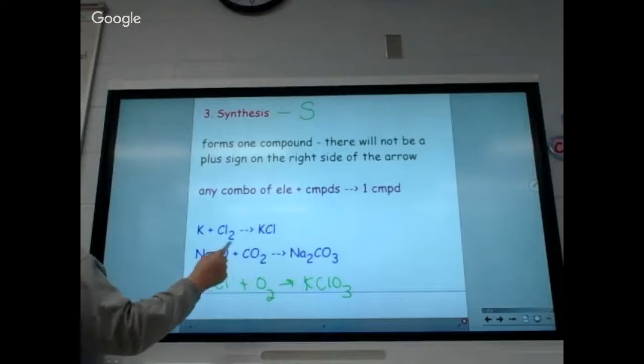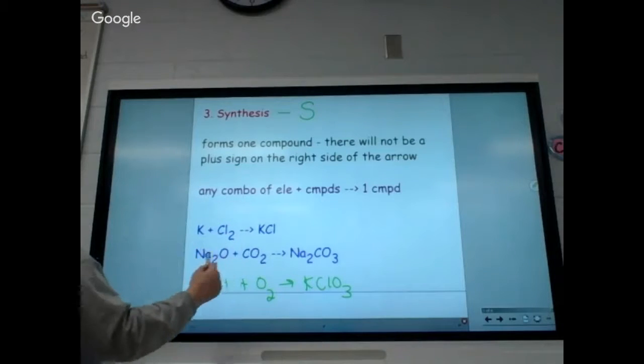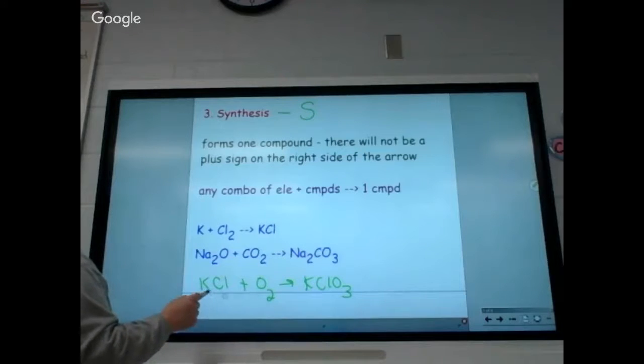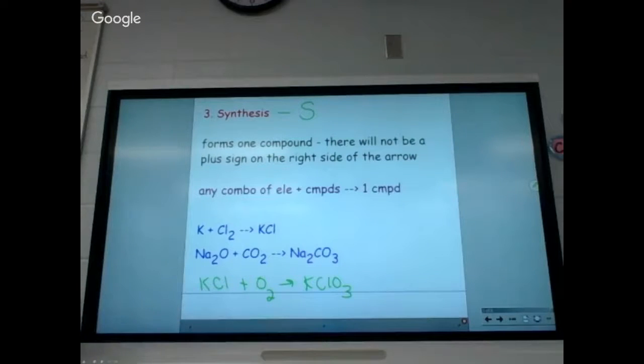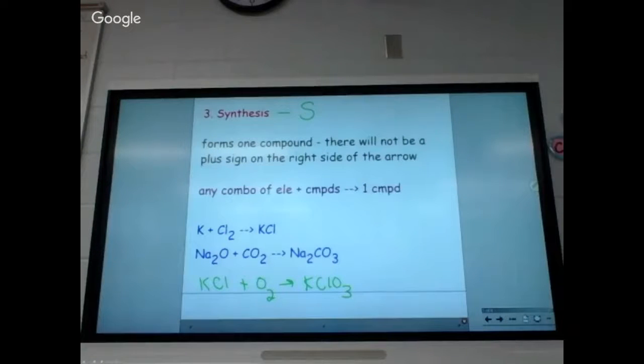So this one has two compounds, okay? So two elements make a compound. Two compounds make a compound. What's this one? What's this thing? That's a compound. What's this? So this one's a compound plus an element. So that's what I mean by you can have any combination. There's no set standard of what you're going to have.